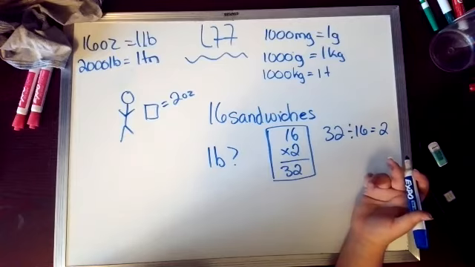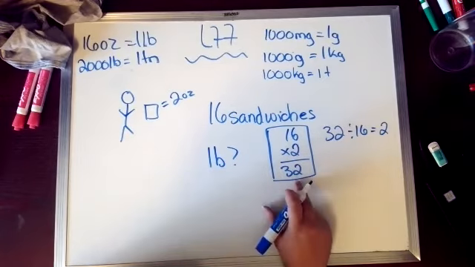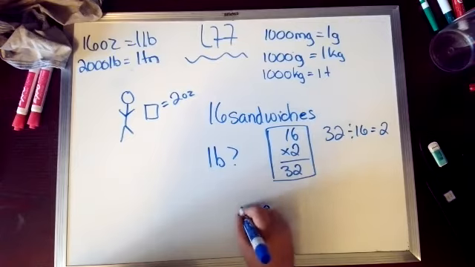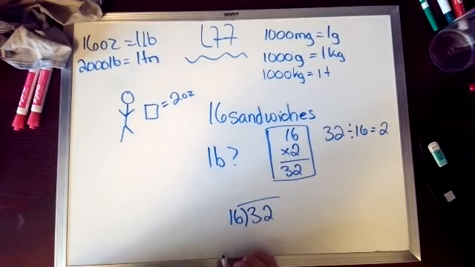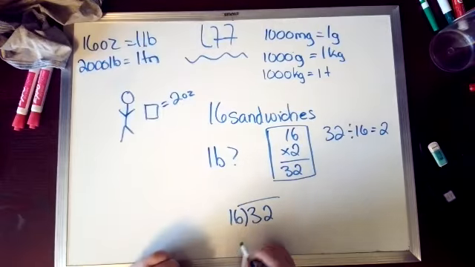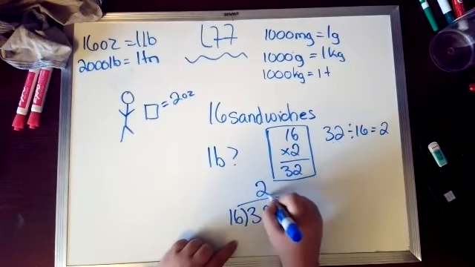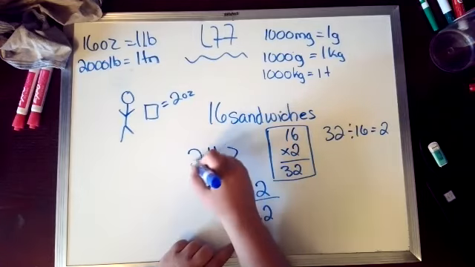What this tells me is I can come over here to my pounds, and if I'm dividing 32 by 16 to find how many pounds, then that's just 2. It is 2 pounds.